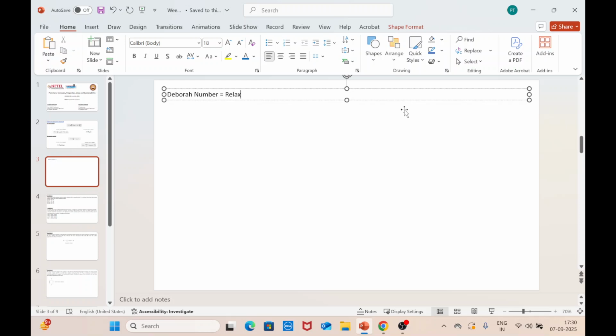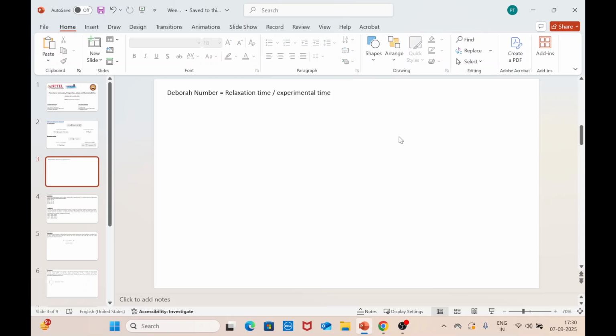Again, since there are many different types of relaxation in case of a polymer, the relaxation time also varies.